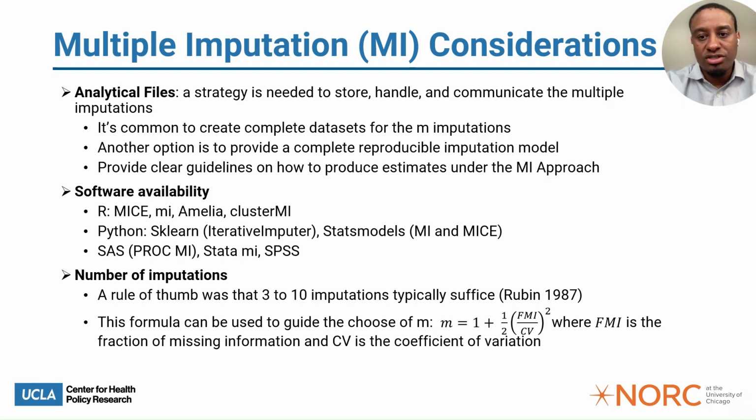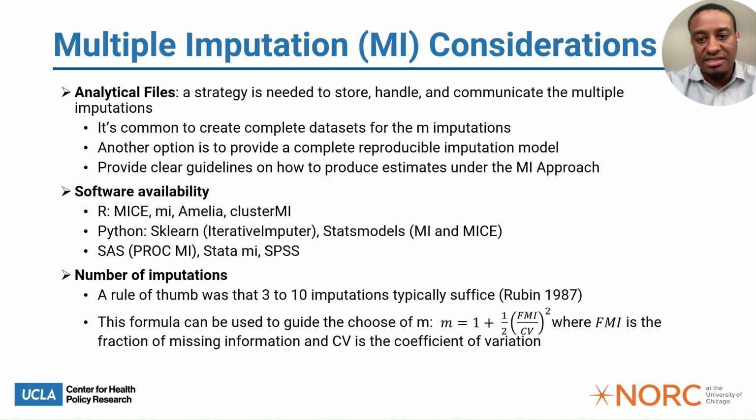The standard approach is to generate and store multiple complete datasets, each with a different set of imputed values. An alternative is to store the imputation model itself. This allows an end user to generate the imputed dataset on demand, which can be particularly useful in secure or remote computing environments.